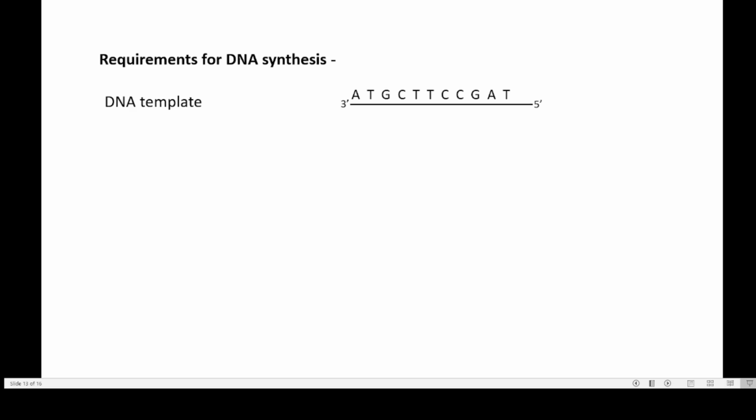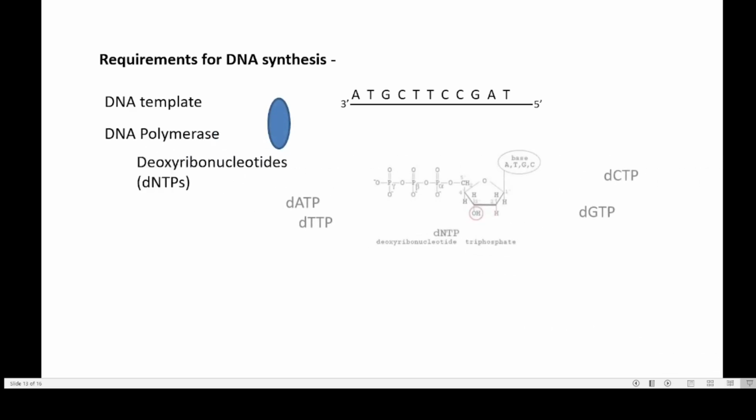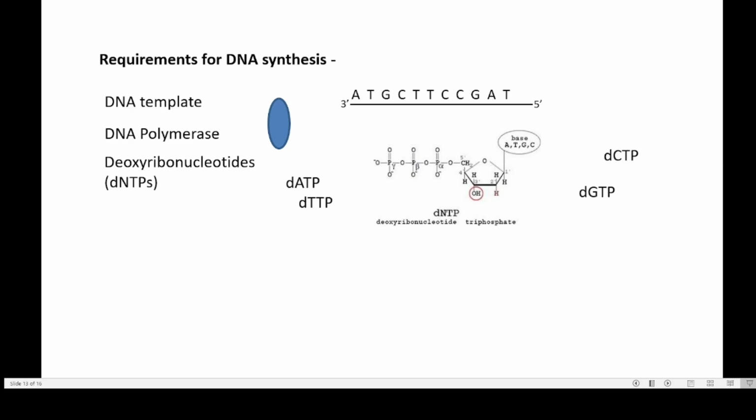Let us now move on to see what the requirements for DNA synthesis are. If we have a DNA template, DNA polymerase, and add the precursors, that is all the nucleotides and other small molecules needed to make DNA in a test tube, will new DNA be made?